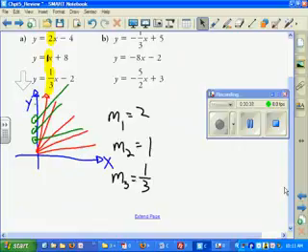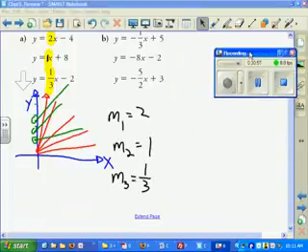If a slope is steep, what does its slope number look like? What would it be? Small. Smaller? No, higher. Higher? Thank you. So keep in mind that slope is rise over run.